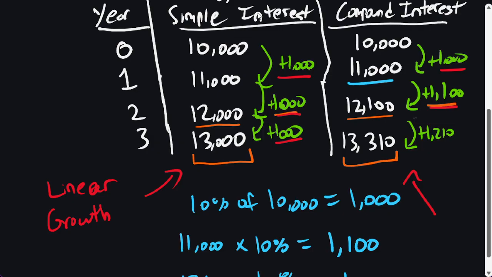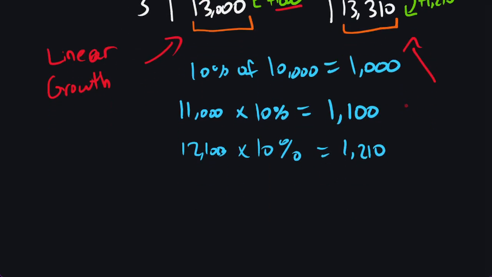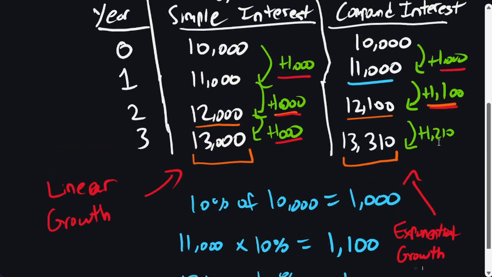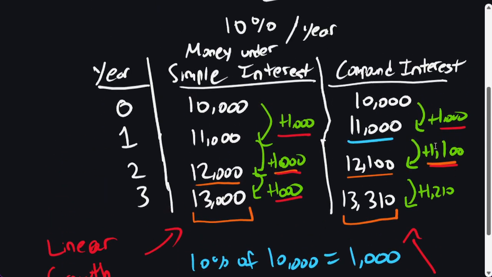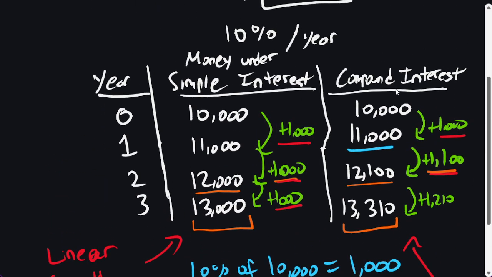It's 10% each year, so that means this is exponential growth. That's the important difference between simple interest and compound interest, and that's how compound interest works.